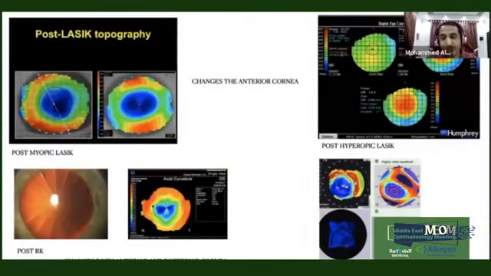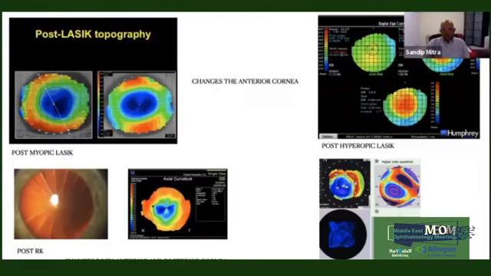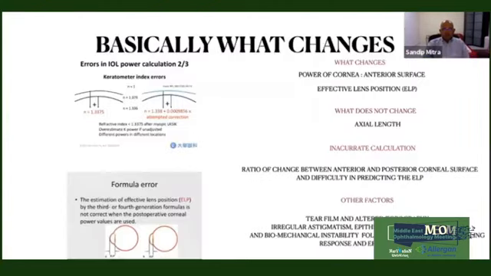Yes. Okay, so we have these 3 different scenarios: post-myopic LASIK, post-hyperopic LASIK, and radial keratotomy patients. The problem is they all have various degrees of higher order aberrations, and the problem is calculating IOL power and getting the correct power.